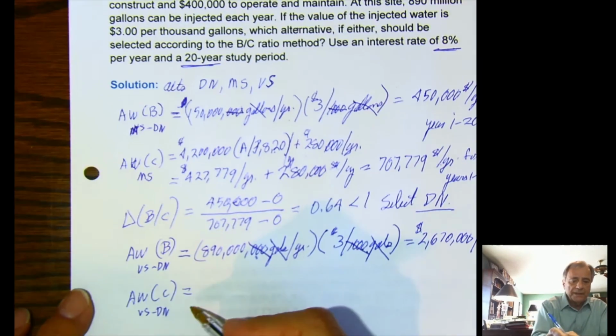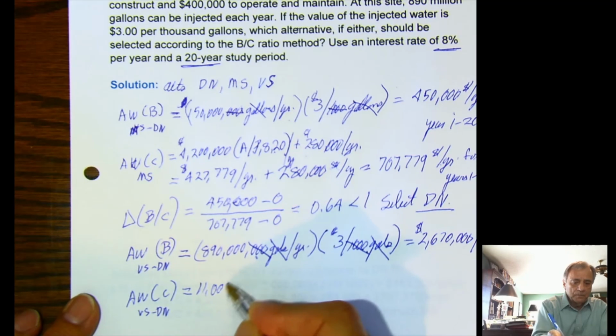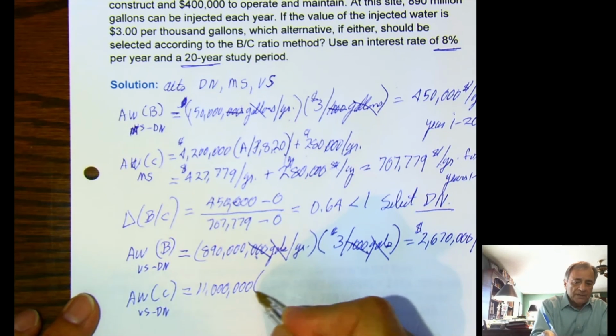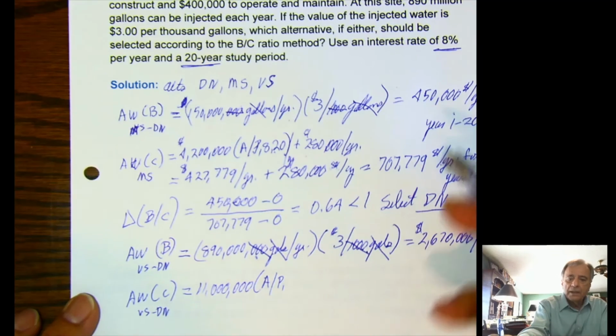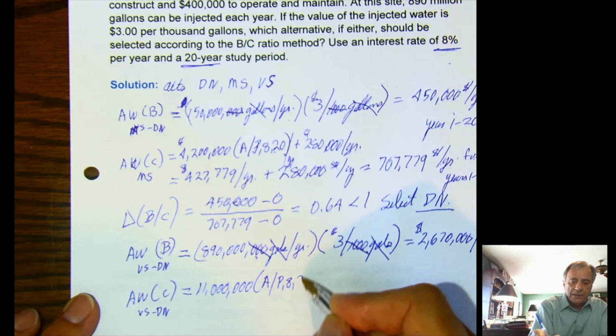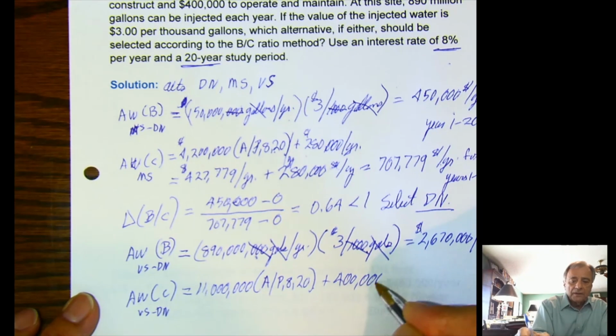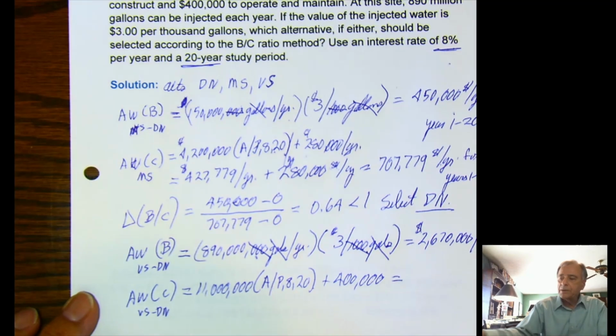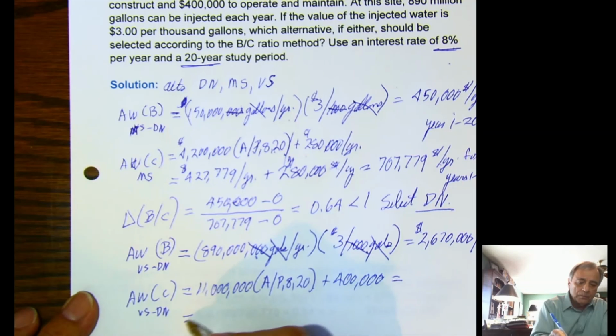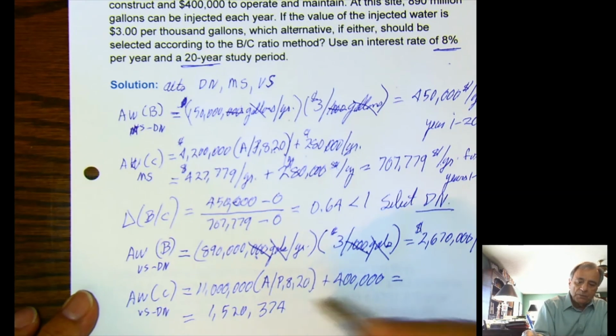So this will be 11 million times A given P, 8% for 20 years. This will give me dollars per year plus $400,000 per year. And so when I do this, I get 1,520,374 plus 400,000.